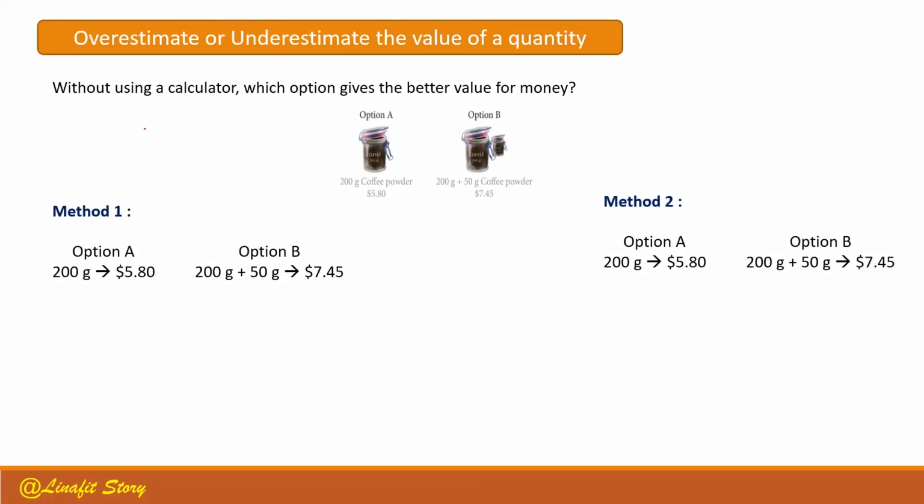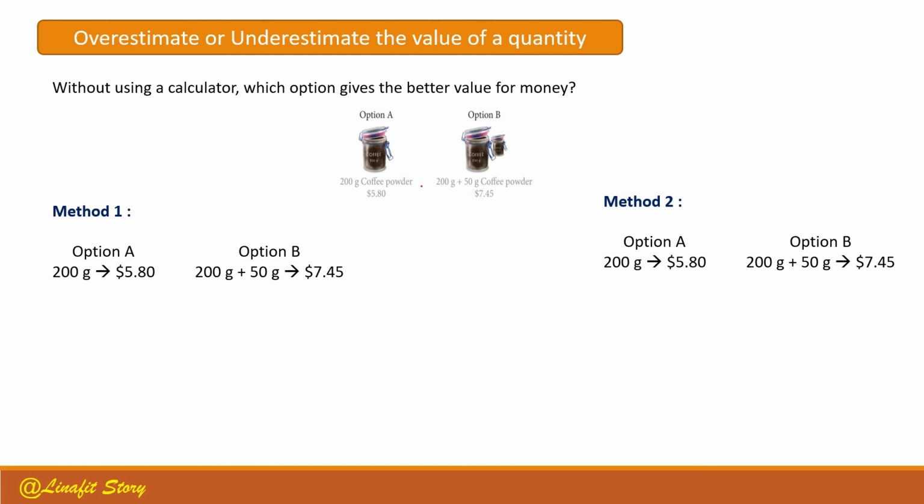Overestimate or underestimate the value of a quantity. Without using a calculator, which option gives the better value for money? Look here, there are two options. Option A, 200 grams coffee powder for $5.80, and in option B, 200 grams plus 50 grams coffee powder cost $7.45.